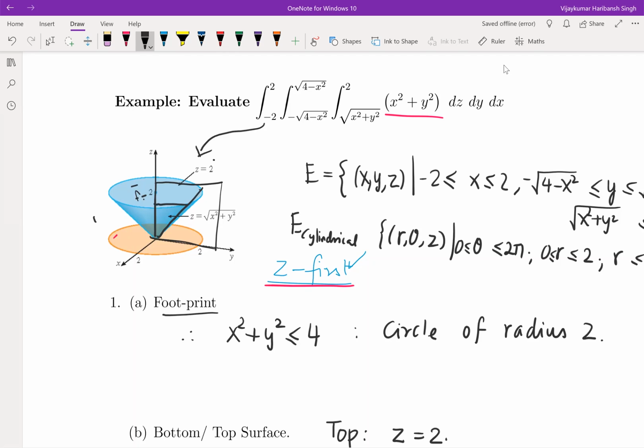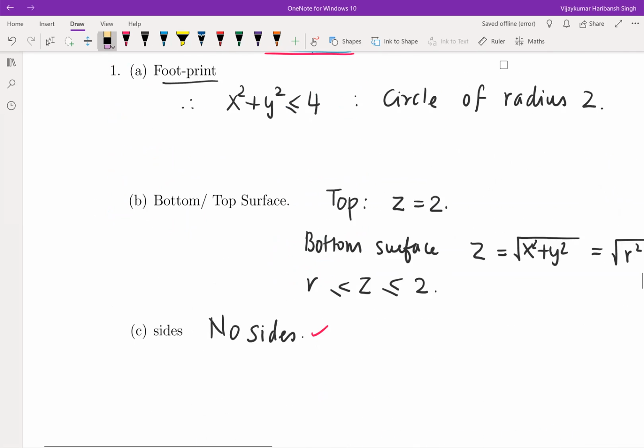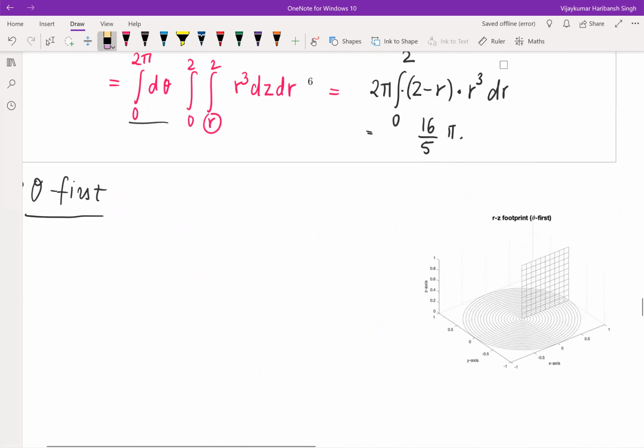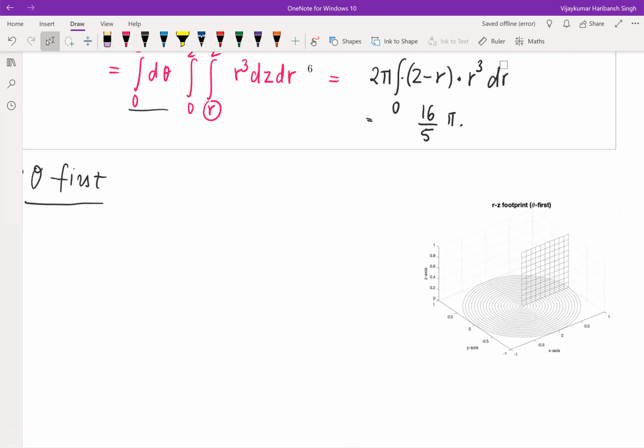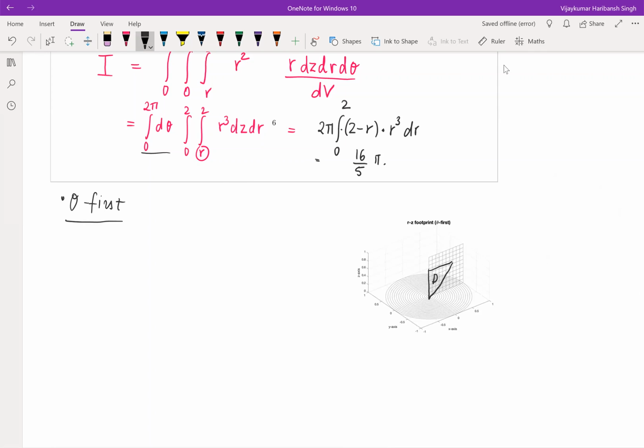So in this case, it's basically a triangle, right? So this is our D. So the footprint is basically going to be a triangle.